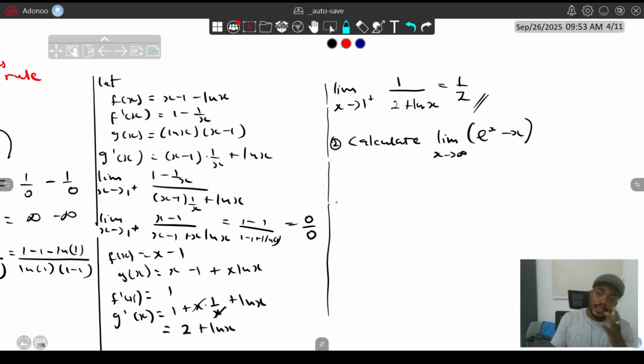Now this here is quite a simple one. What we can do is we can say the limit as x approaches infinity. What happens when we factor e raised to the power x out of this function? If we bring e raised to the power x out, we are left with what? 1 minus x over e raised to the power x.